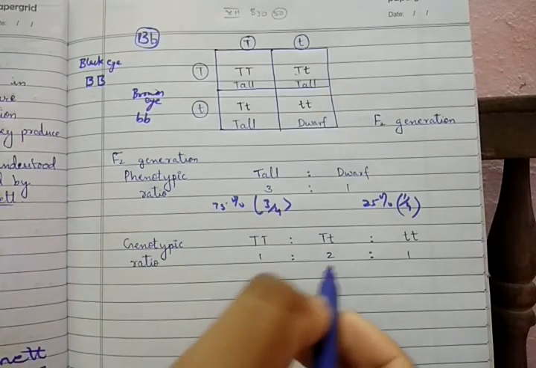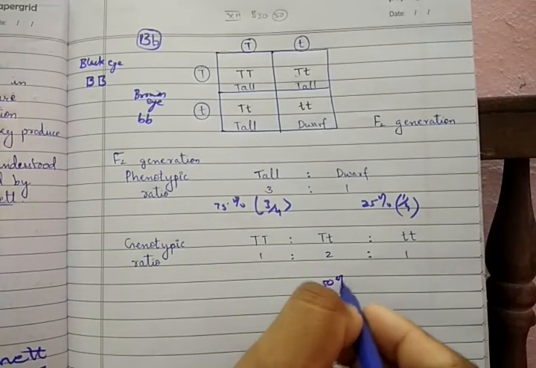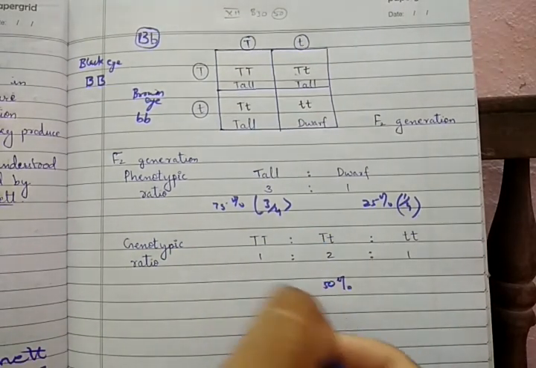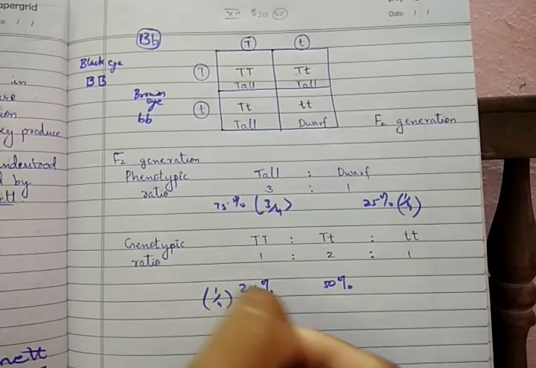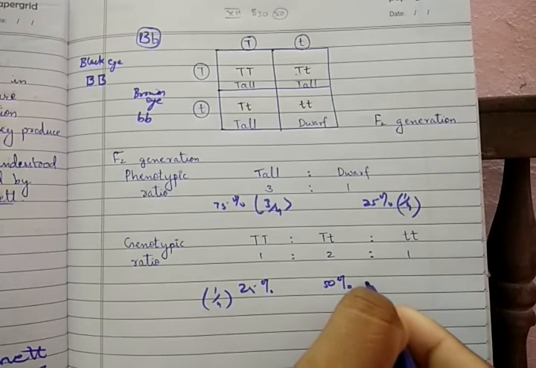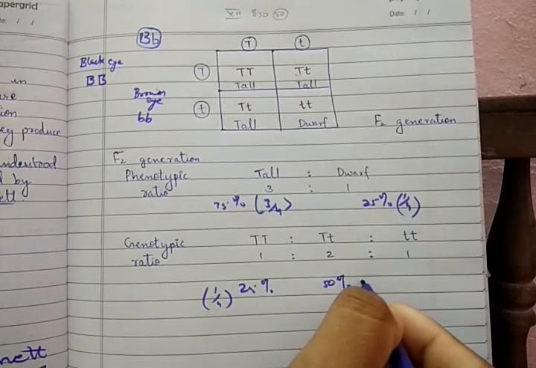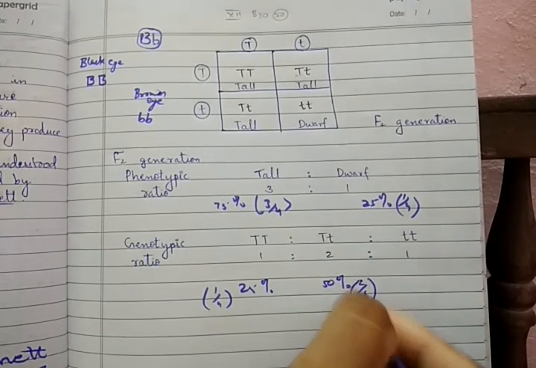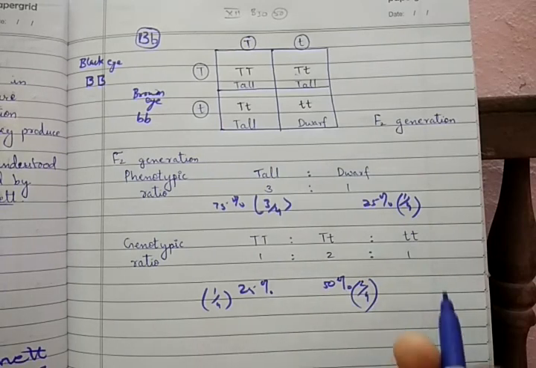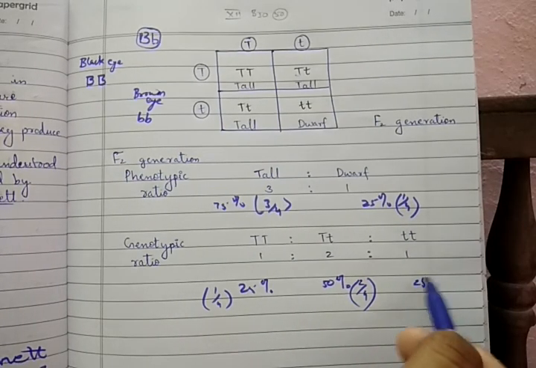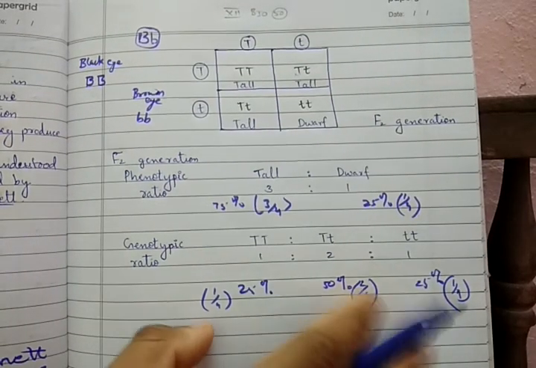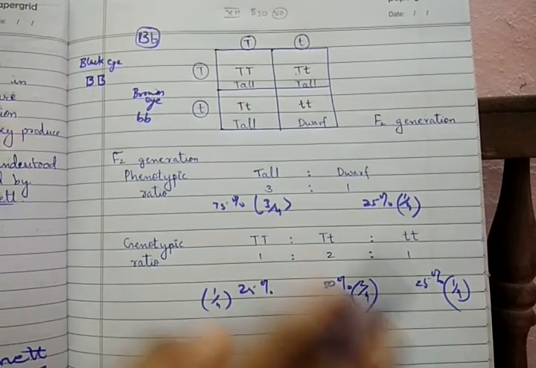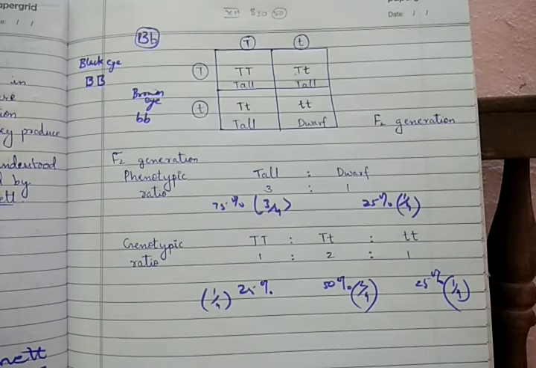In case of genotypic ratio, I would say 50% chance for heterozygous, or 2 by 4, or rather 1 by 2, half chance, and for each homozygous condition a chance of 25 percent, meaning 1 by 4. So this will be the mathematical probability of how we can depict the phenotypic and genotypic ratio.